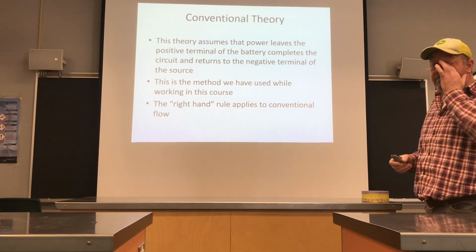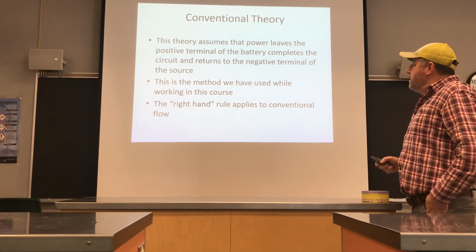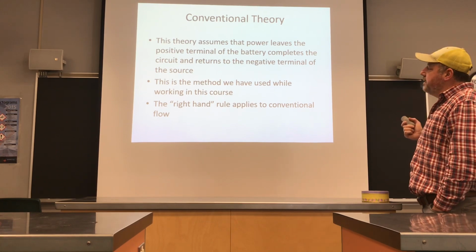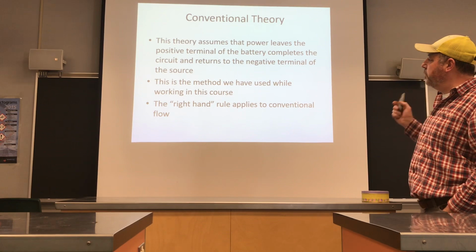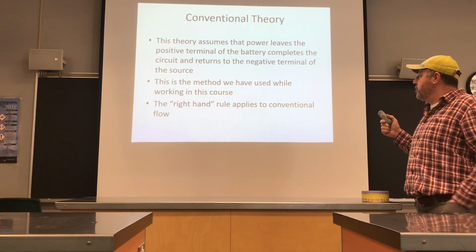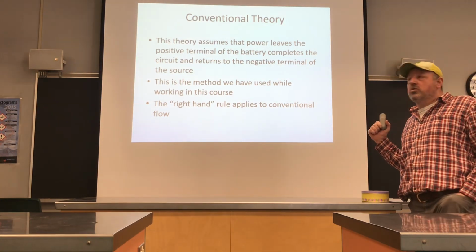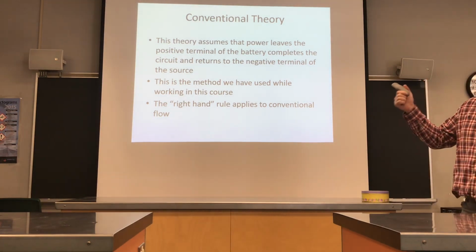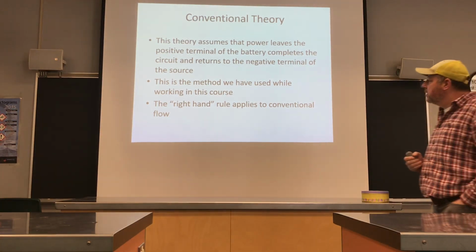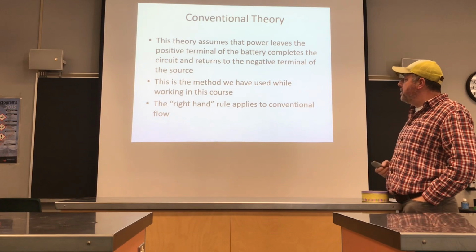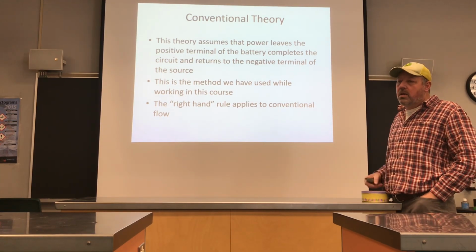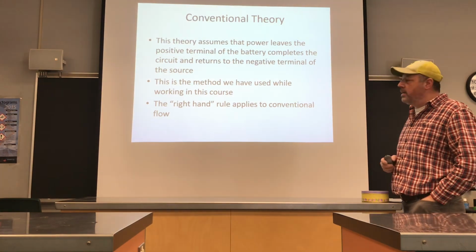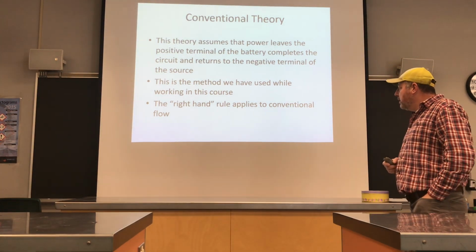When we talk about conventional theory, this theory assumes that power leaves the positive terminal of the battery, completes the circuit, and returns to the negative terminal of the battery or of the power source. This is the method we have used while working in this course, and you probably used it in rig maintenance one as well.